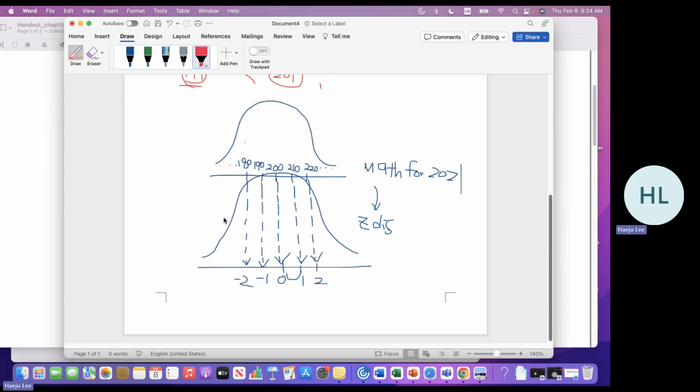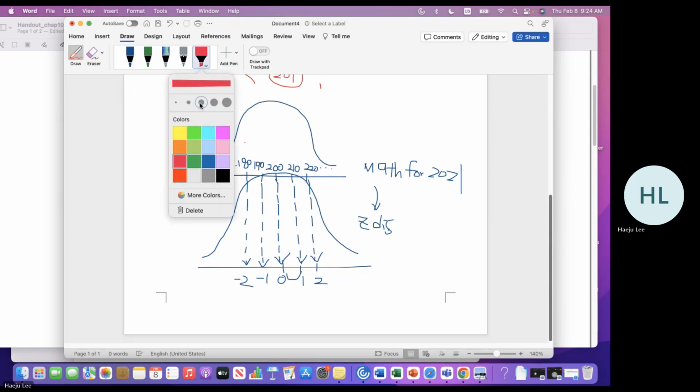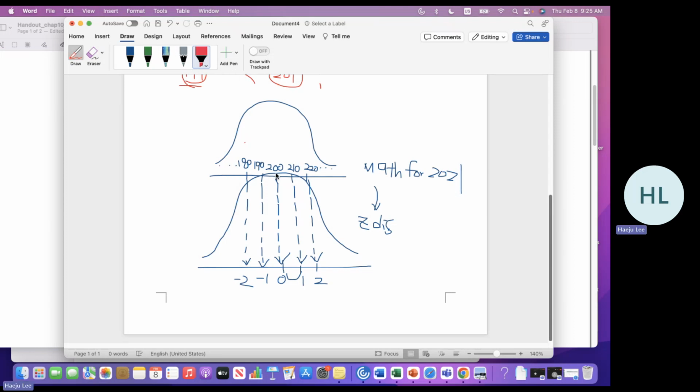That means half of this area, the probability or the percent, is 50%.